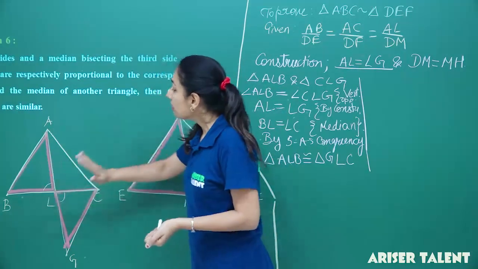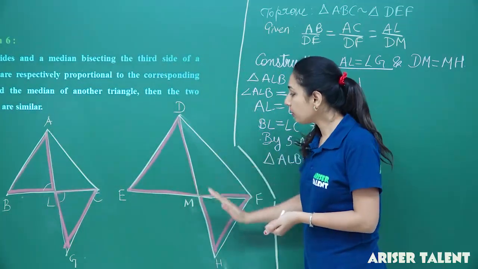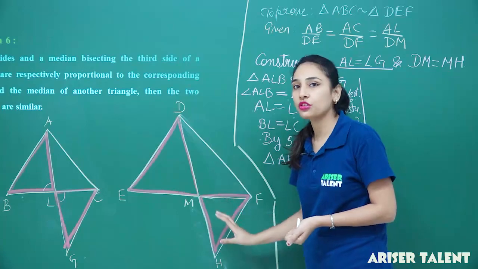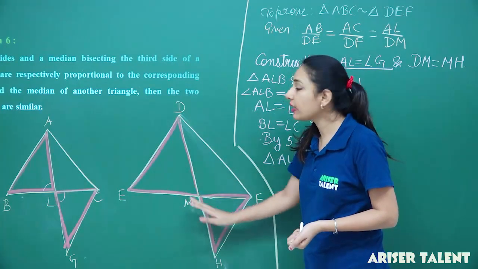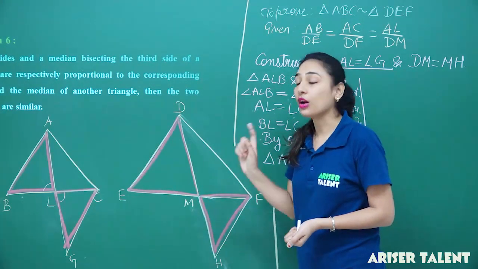Now, the same way I have explained here, we have done the same construction here. So these two triangles will also be what? Congruent.